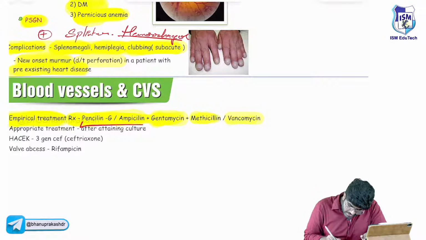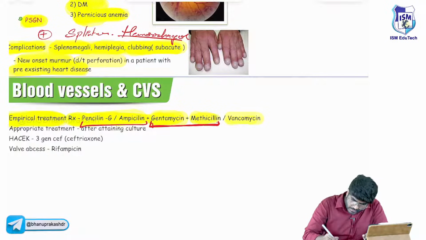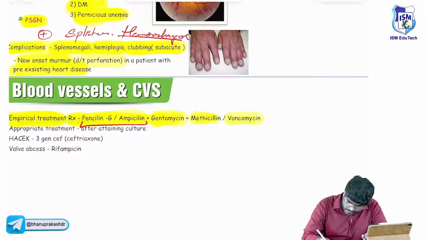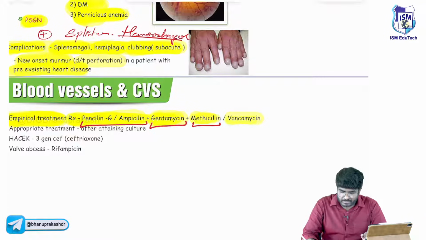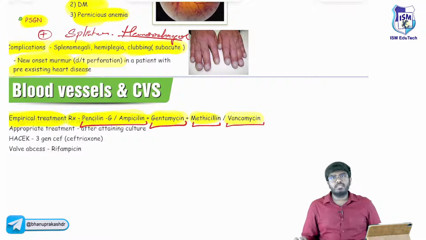Penicillin G or ampicillin, one drug, then gentamicin with methicillin or vancomycin. So this is the empirical treatment done.